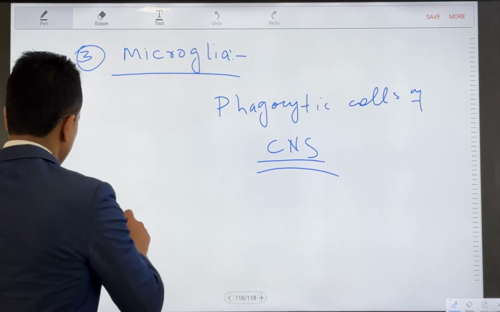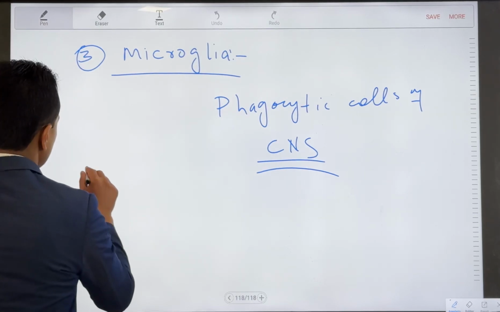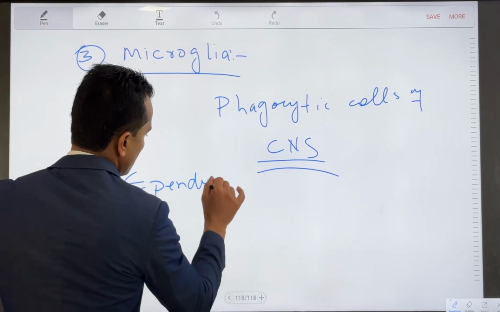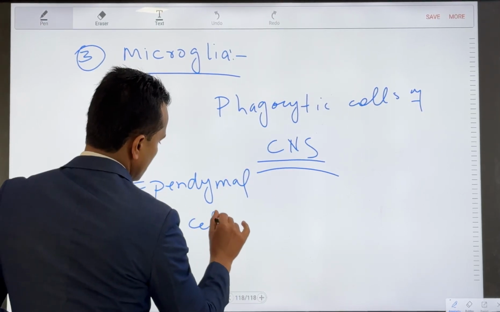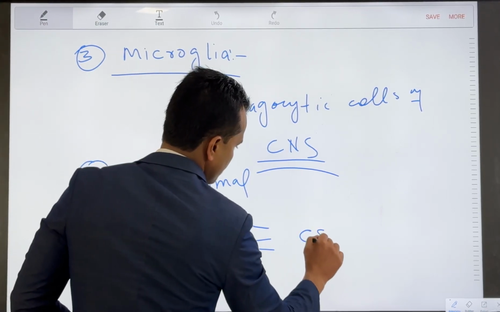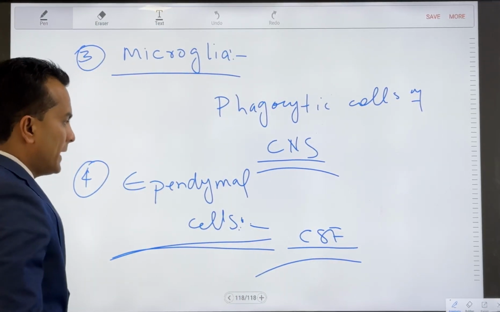And last but not least, we have the ependymal cells, also very important cells, especially when you are talking about CSF, the cerebrospinal fluid.